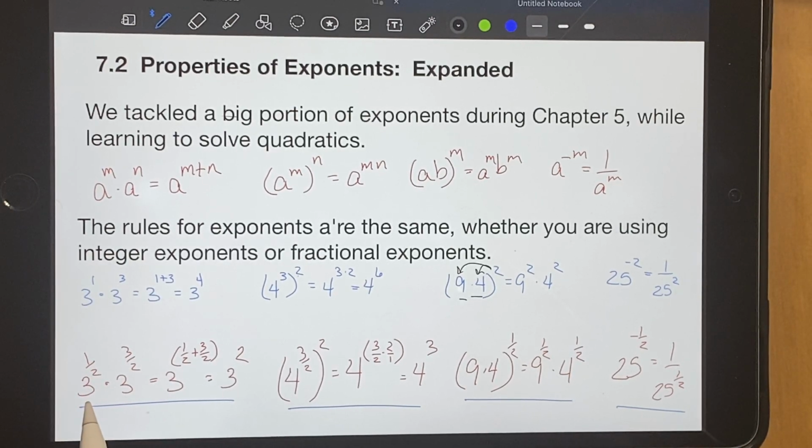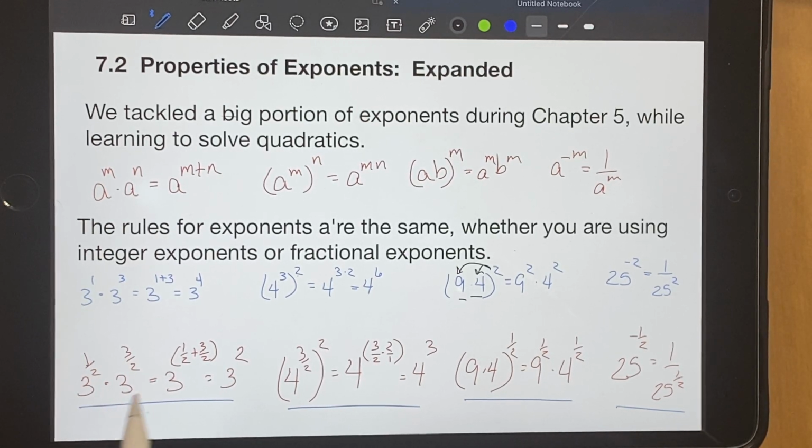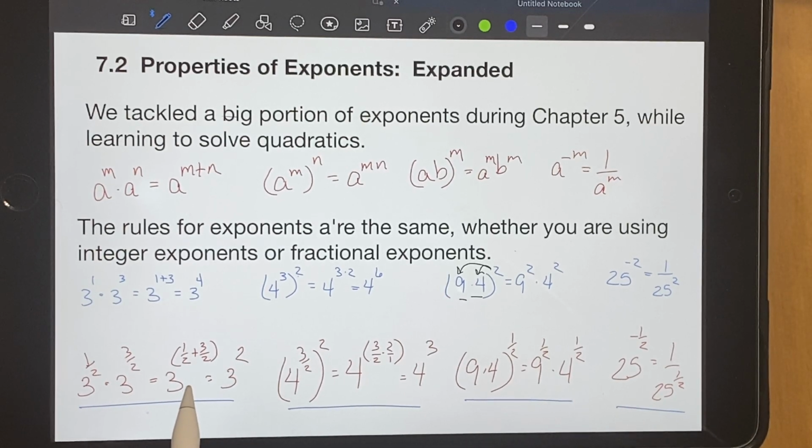When our bases are the same, here we have bases of 3, with different fractions, we can add those fractions. Now, the trick is we have to go all the way back to Algebra 1 or pre-algebra and remember that fractions have to have a common denominator to be added.